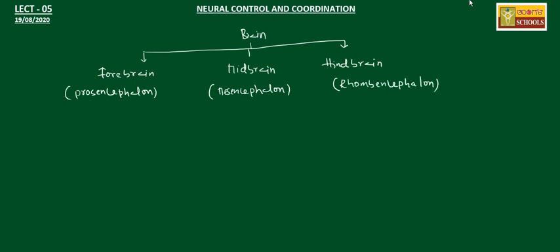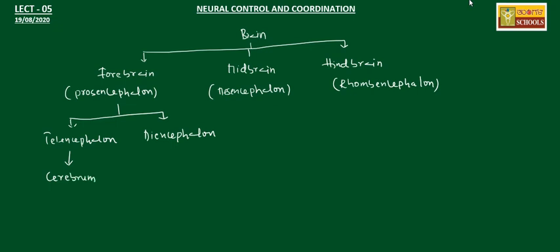Under the forebrain we have mainly two regions. One is the telencephalon, and another one called diencephalon. This telencephalon includes the cerebrum, the largest portion of the brain, and the diencephalon includes two more parts: the thalamus and the hypothalamus.